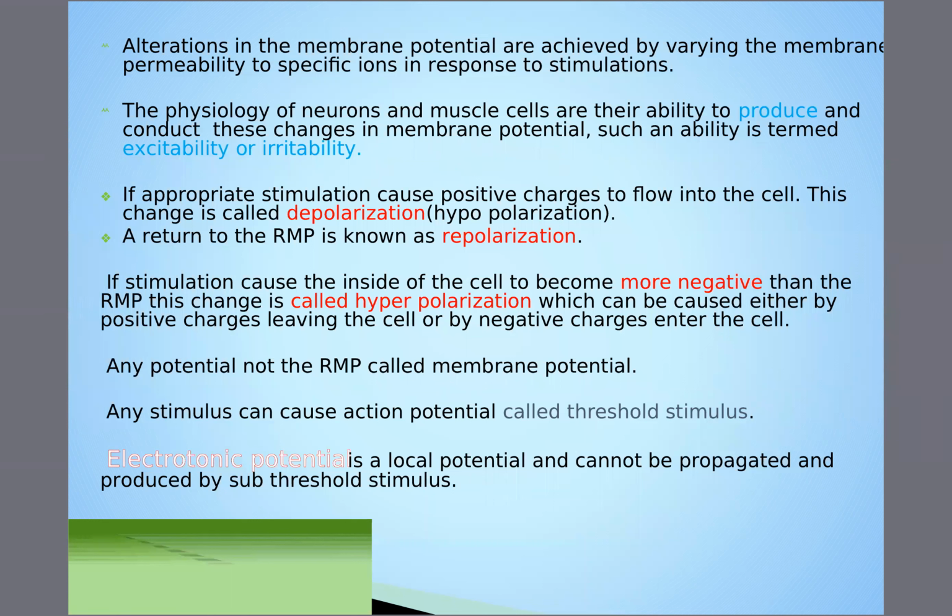Once we reach the threshold of stimulation, it changes to either depolarization or hyperpolarization. An electrotonic potential is a local potential that cannot be propagated and is produced by sub-threshold stimuli. It happens only locally, with no propagation. We have not yet reached the threshold that produces firing.